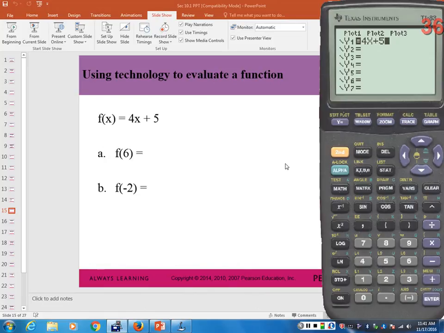So go to y1 and put in your function 4x plus 5. Using the first method, we would go bars, y bars, function, y1, and then in parentheses we would put 6. And it says the answer is 29.